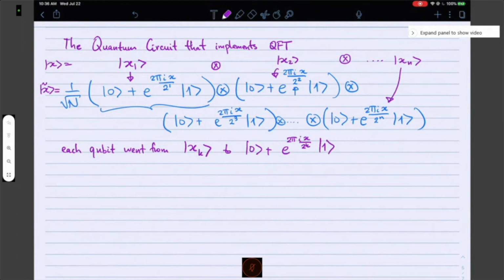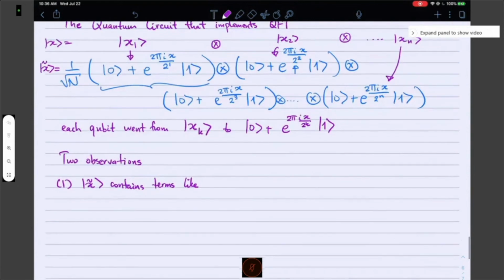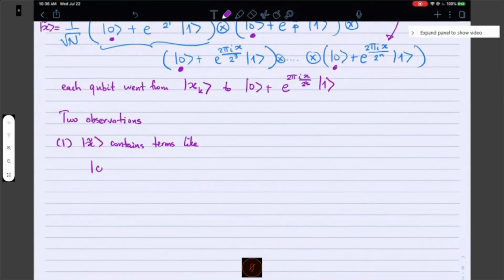Okay, let's do a couple of things. So let's write down two observations from this. The first observation is that x tilde contains terms like, if you write out the product, so you have 0 here, you have 0 here, you have 0 here, and you have 0 here. Its terms look something like all zeros.